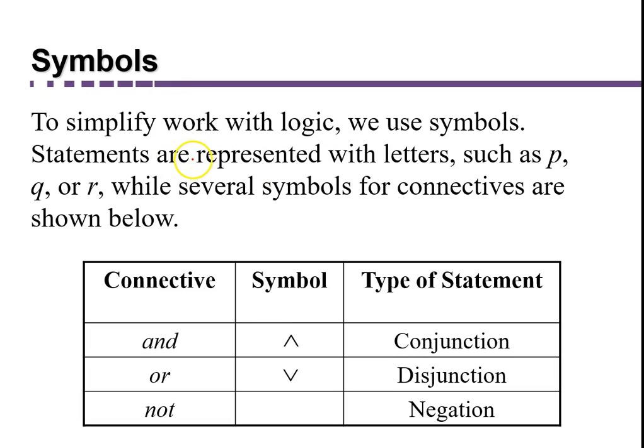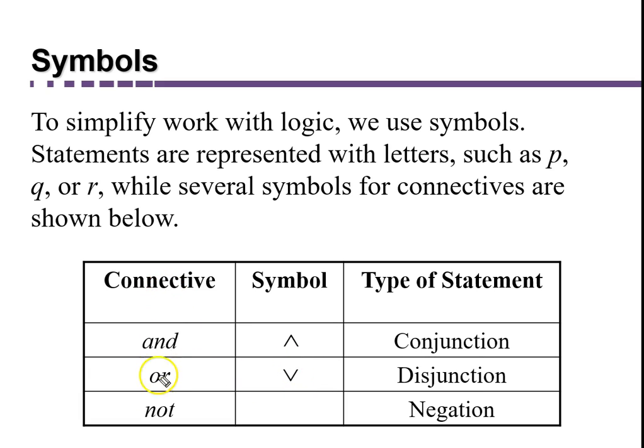Symbols now, and these are symbols that are going to be used in what we call symbolic logic. Now, we have the connective and, and the symbol for that word in symbolic logic is the caret. The connective or is a symbol, the inverted caret.